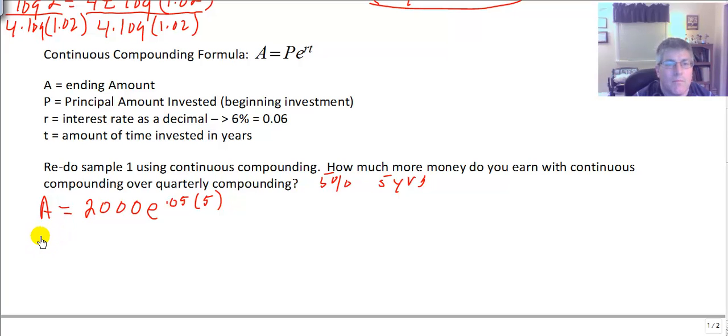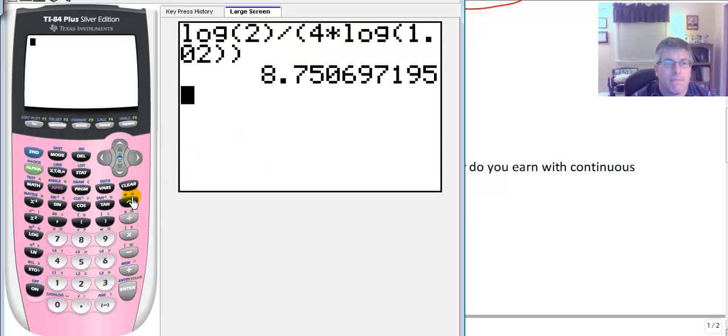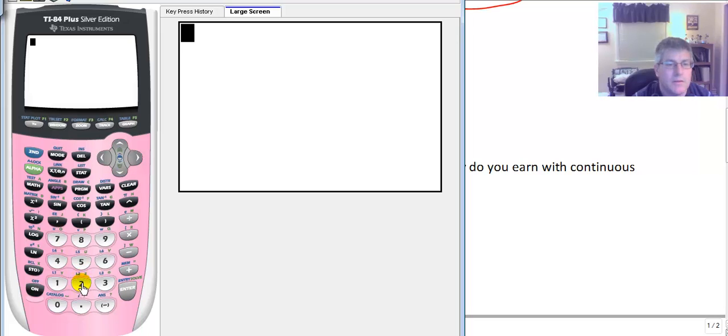Well, looks like we can probably go right to our calculator. This looks like it's calculator ready. Go to my calculator, and I'm going to type in 2,000. e is right here. It's above the natural log symbol, so second natural log. So e, all raised to the 0.05 times 5.